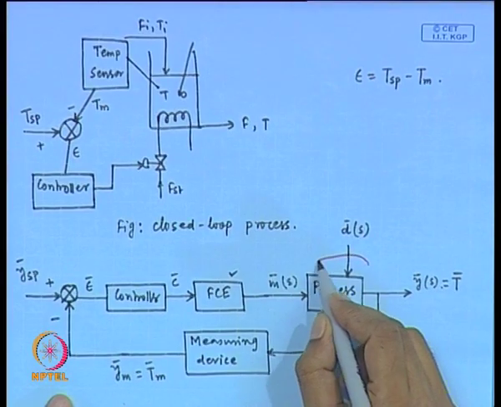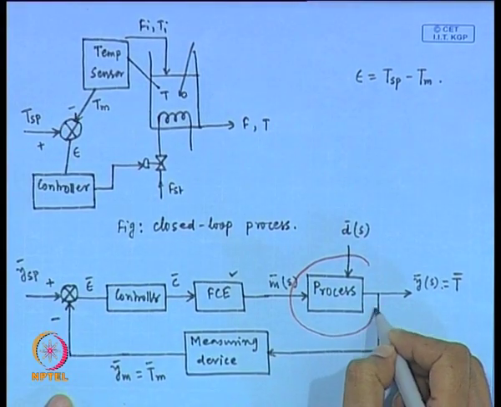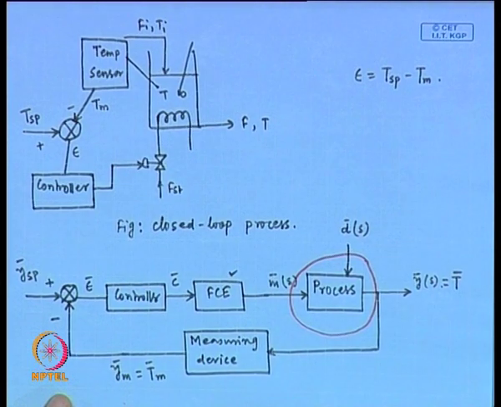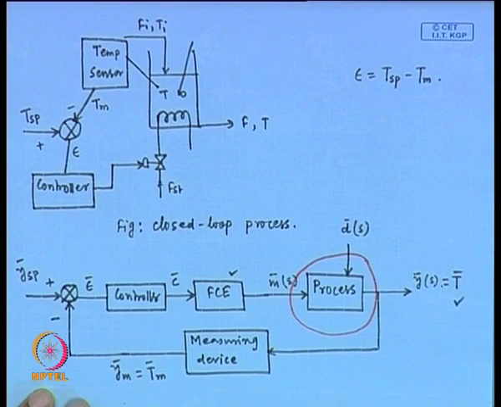Fine. This is the process which has two inputs. One is the final control element output and another one is the disturbance. These two inputs affect the process. If we consider the liquid tank system, heating tank system, then the output is the temperature. This temperature is first measured by using one measuring sensor.